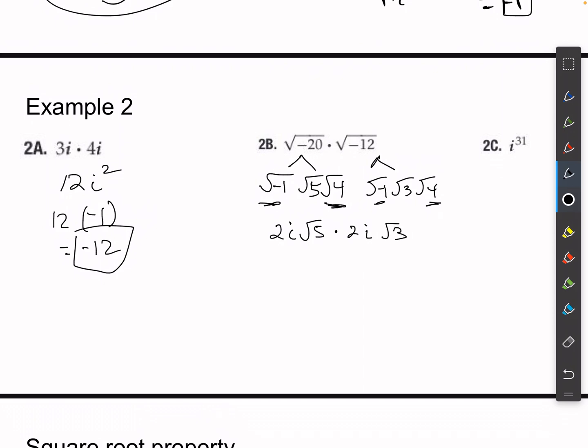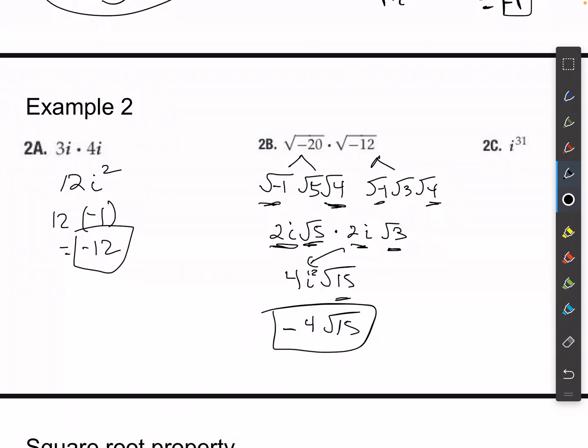There's i's in both here, so I'm going to end up with 4i root 15. Right, so 2i times 2i is 4i squared, I should say. Square root of 5 times square root of 3 is square root of 15. i squared we know is -1, so this just becomes -4 root 15. I know these are a little bit tricky.